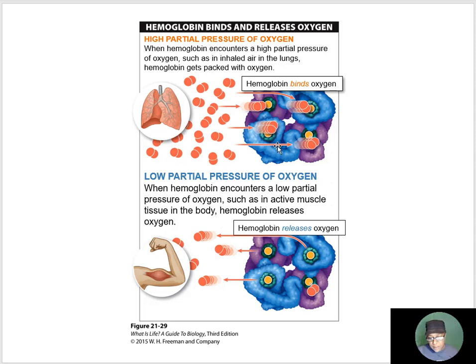So what hemoglobin is doing is actually saying, listen, where I am, is there more oxygen pressure out there? If there's more oxygen out there, then I'm going to take oxygen in. If I get to a place and there is less oxygen out there, I'm going to give up oxygen, okay?